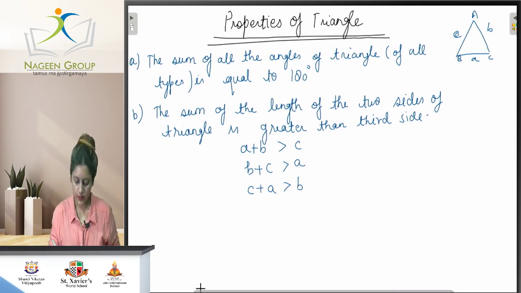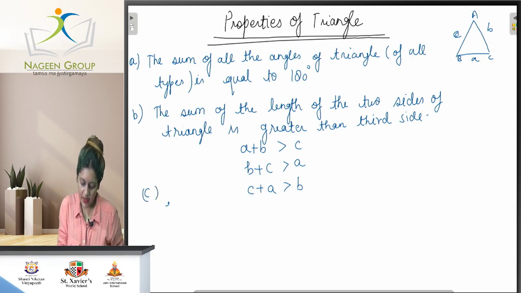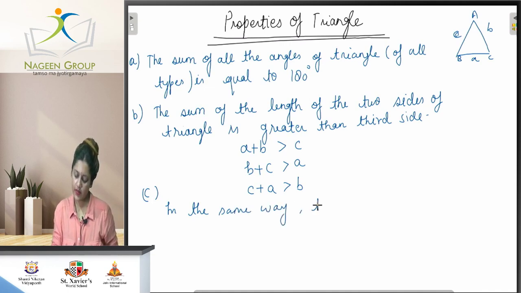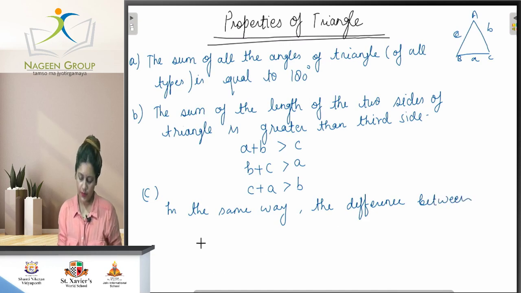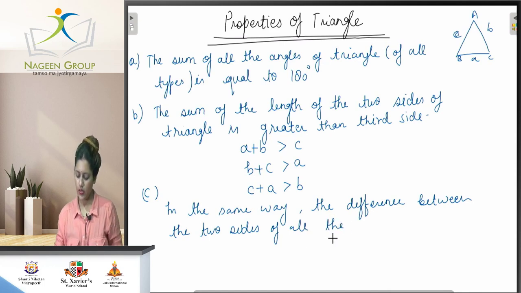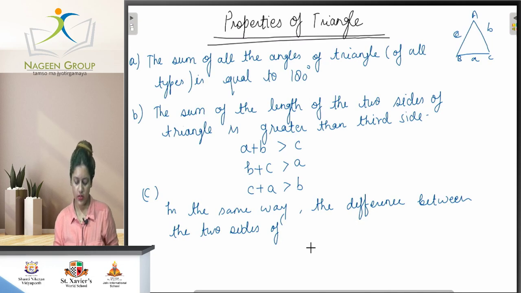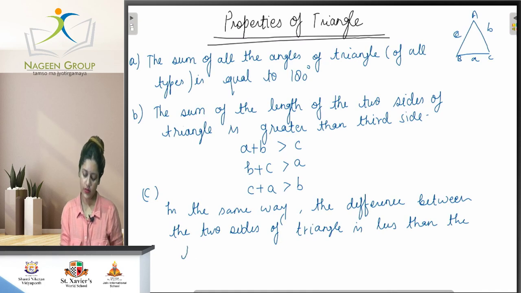Third property, in the same way, the difference between two sides of a triangle is less than the third side.